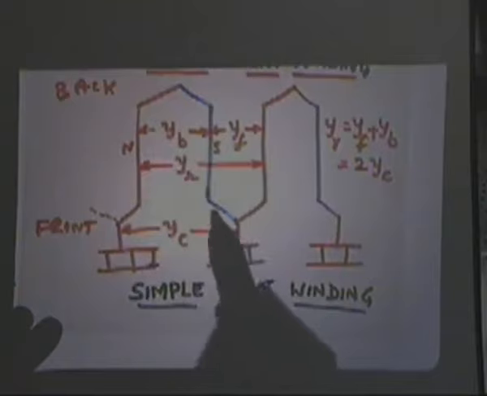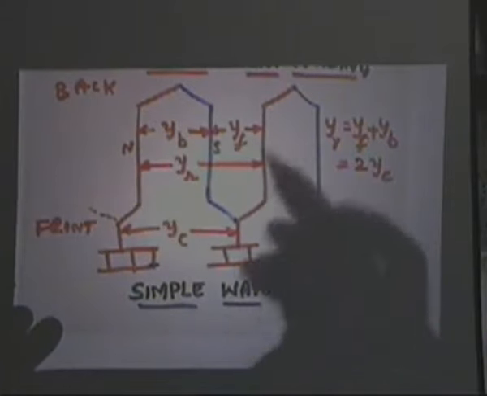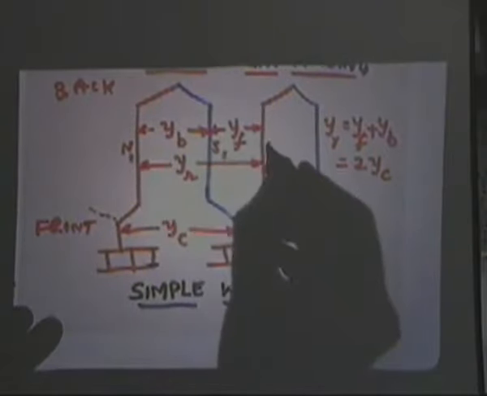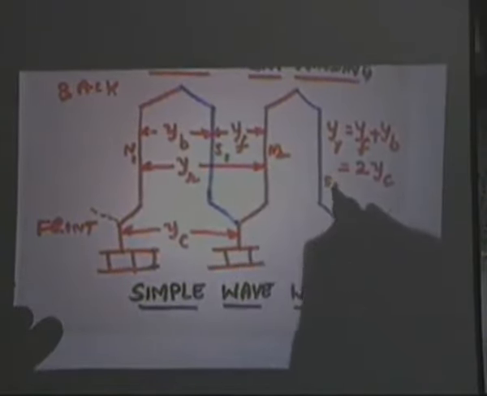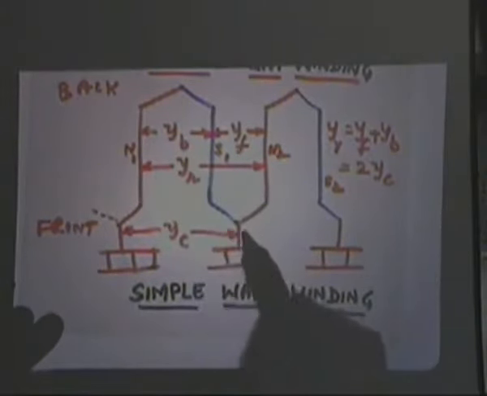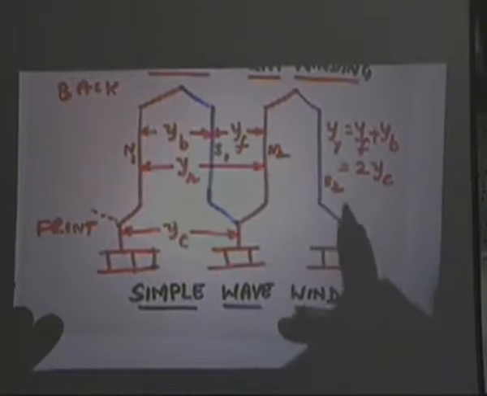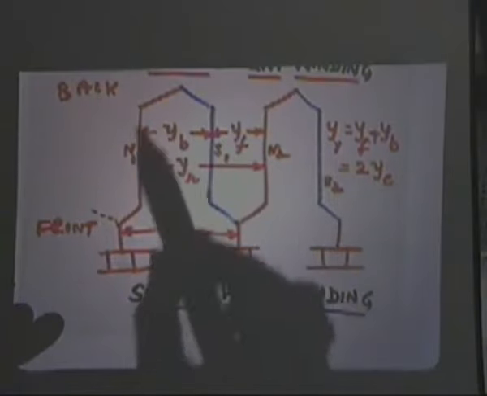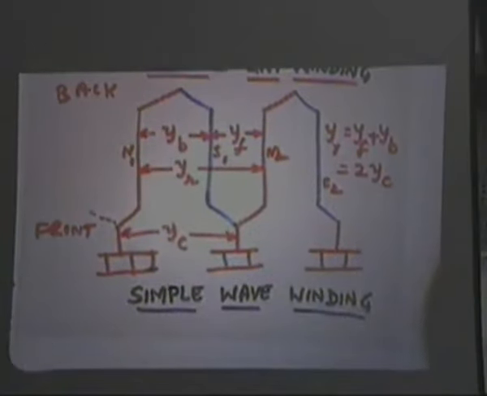After all the turns are completed, it does not go back, the next coil side will not be under this north pole, the connecting coil side will be in the next north pole. So, let us say this is north pole 1, south pole 1 and north pole 2 and south pole 2. That means after S1, south pole 1, it goes to the next north pole, and that is how it continues. So, it moves like a wave, one north pole to south pole, next north pole to south pole like this.